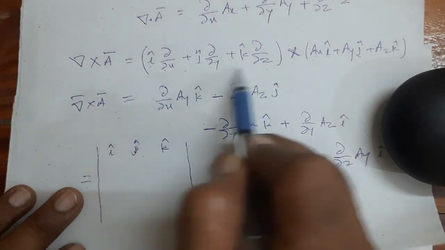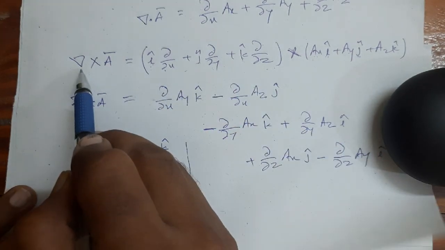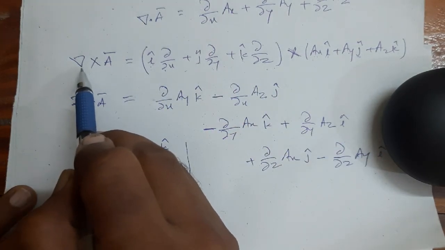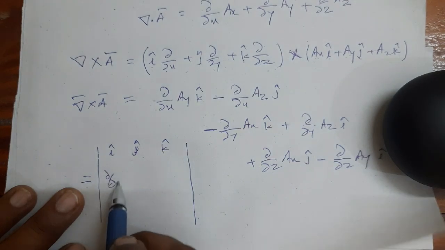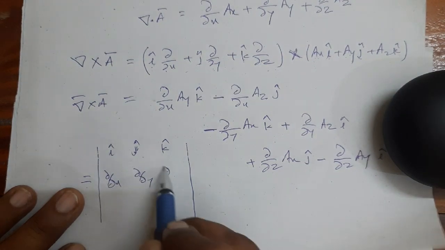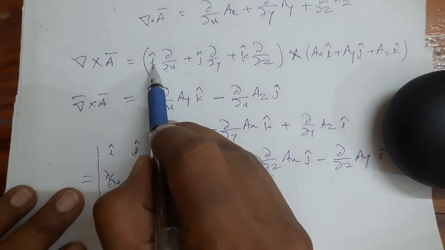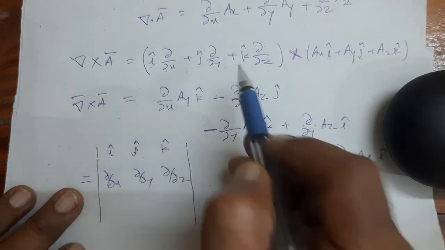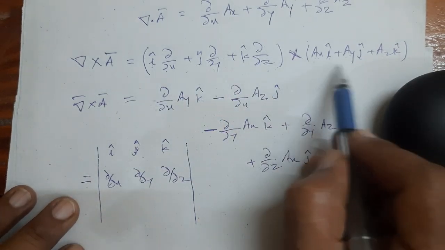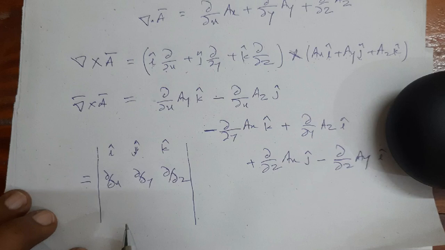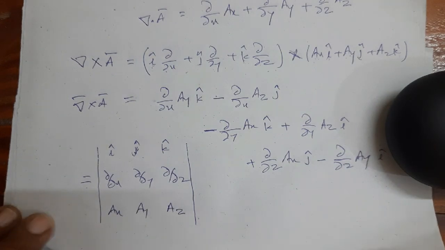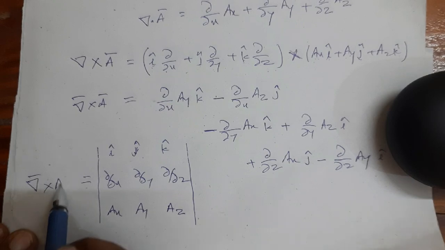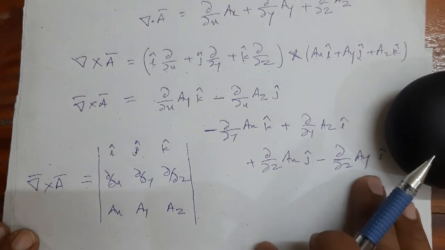The coefficients of the first vector, that is del vector, are ∂/∂x, ∂/∂y, and ∂/∂z. These are the coefficients of i cap, j cap, k cap in case of the first vector. Cross, this is the second vector, I will have to write the coefficients, and therefore here I will write ax, ay, and az, and this is nothing but del cross a bar.